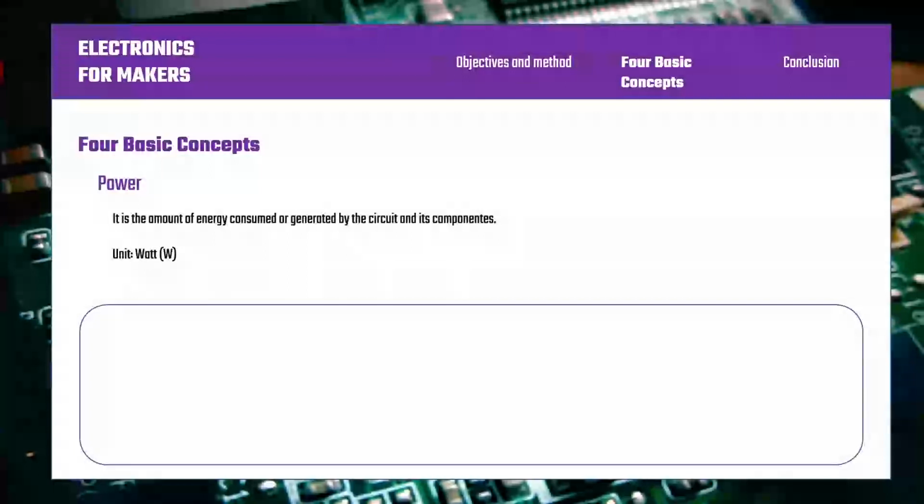So we can either consume energy and waste it as heat, just so we can make heat, like it happens in showers. That's the basic idea of a shower, to take energy and just create heat with it.